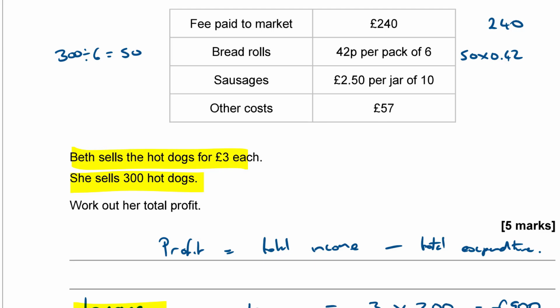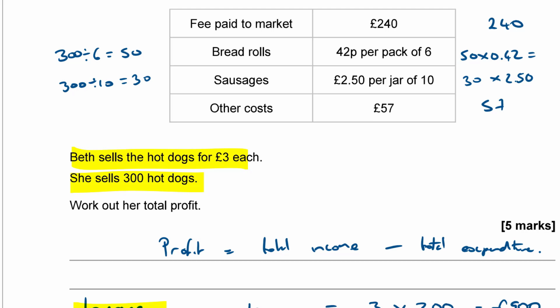Sausages, £2.50 per jar of 10. So 300 divided by 10 means I need 30 jars of sausages. So I need 30 jars at £2.50 each. And I've got £57 other costs. Okay, so in total, my total expenditure is going to be 240 plus 50 lots of 42 pence.